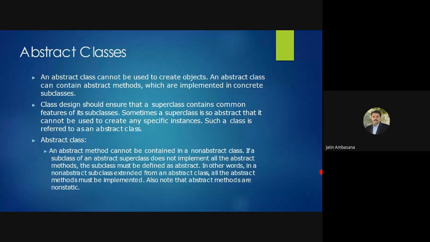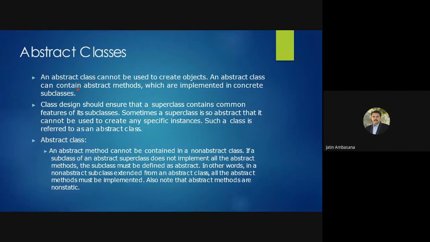So see, an abstract class is a class that cannot be used to create objects. Sometimes you may design a class that has an incomplete implementation. In that case, you don't want other users to create its objects. Then you may declare it as an abstract class.